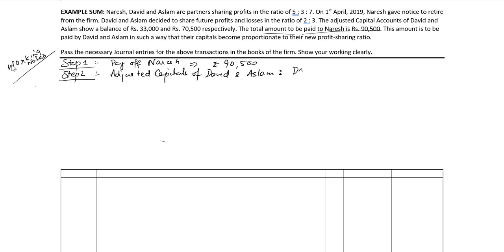So in the case of David, the amount is rupees 33,000, and in the case of Aslam, it's equal to rupees 70,500.